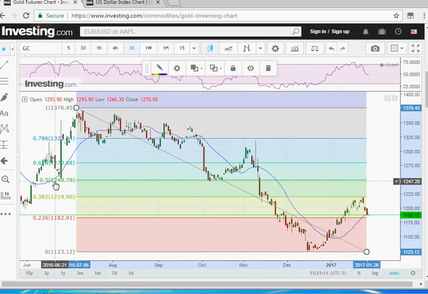And as we have mentioned in the previous videos, the 38% Fibonacci retracement is often either a support or resistance zone.